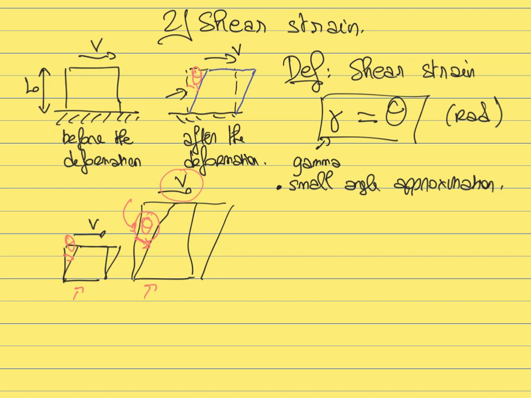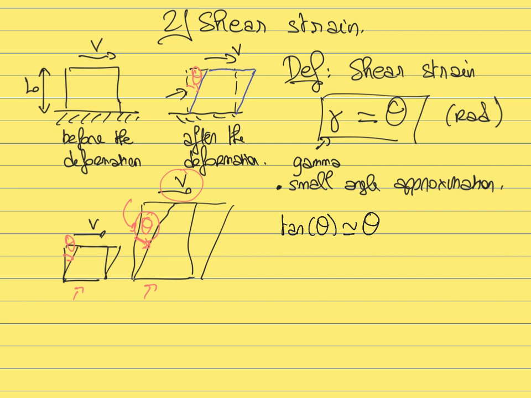The approximation that we can make is that if theta is very small, then the tangent of theta is going to be very close to theta itself. If x is very close to 0, then tangent x is approximately equal to x. X is the first order of the Taylor expansion of tangent x.